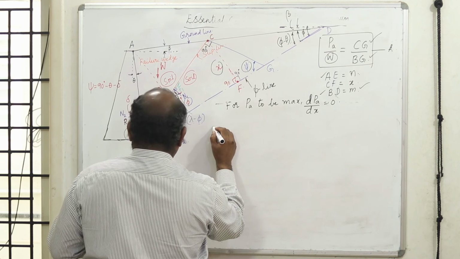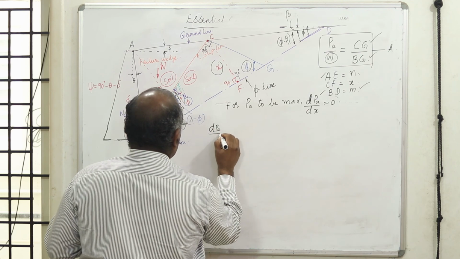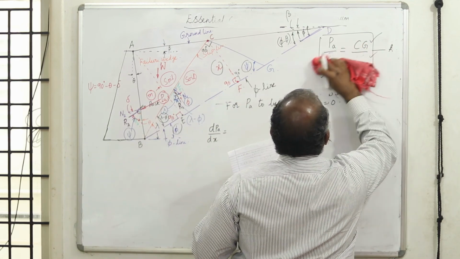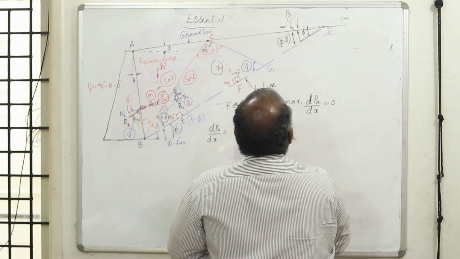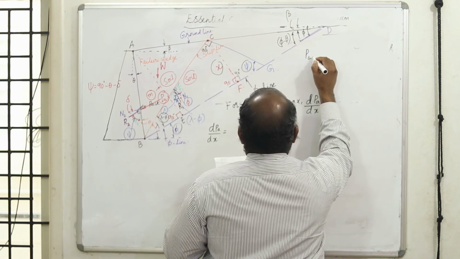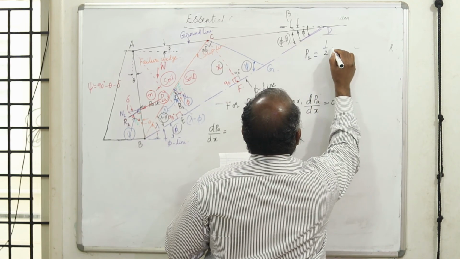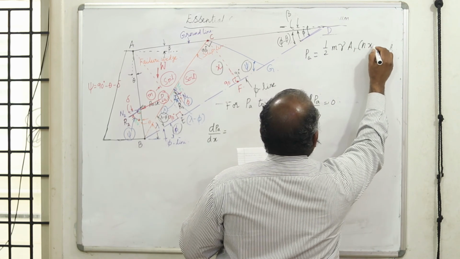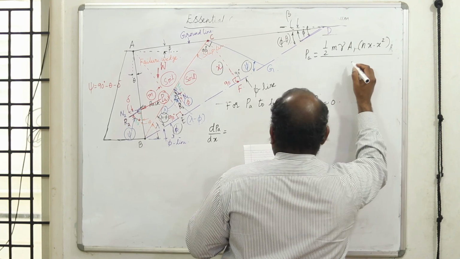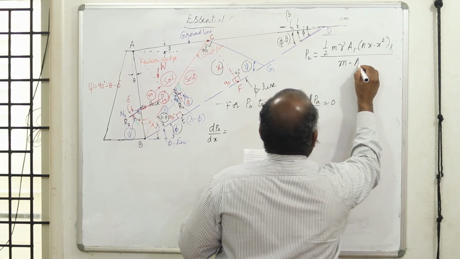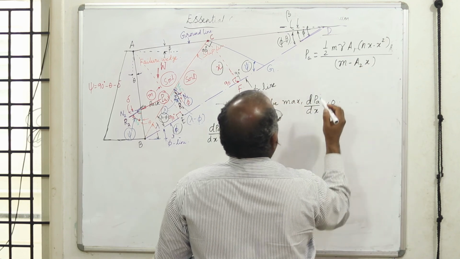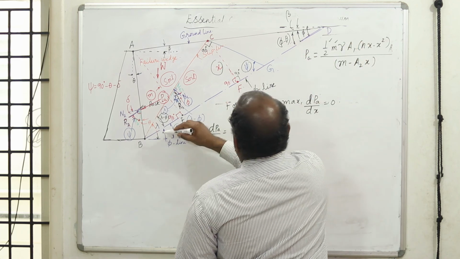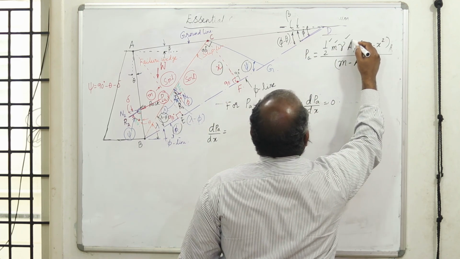Now what is dPA by dx? Now I need to write the expression. PA is equal to half into m into gamma into A1 into (nx minus x square) divided by (m minus A2x). So in this quantity, half is a constant, this is the length which is constant, gamma is a constant for the backfill material, A1 is also constant.